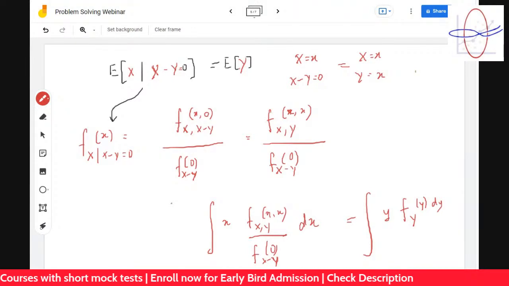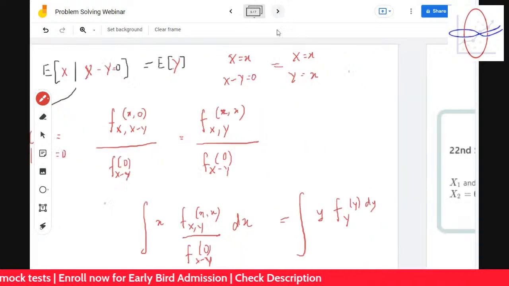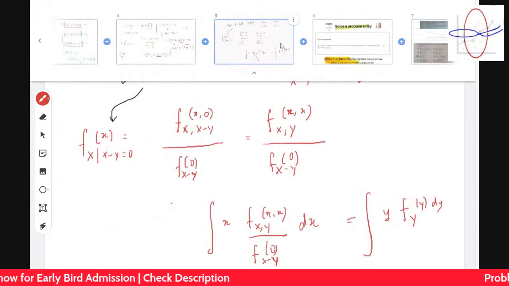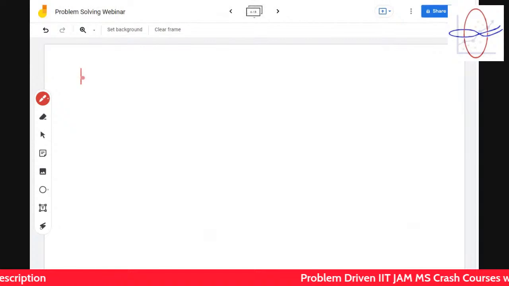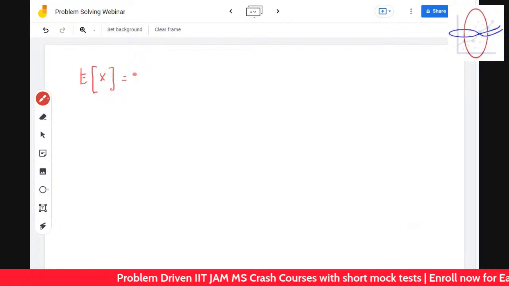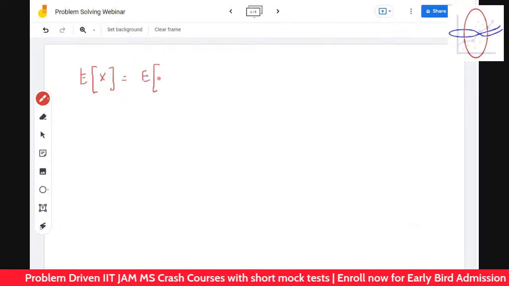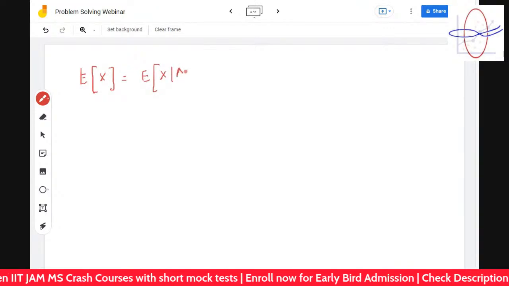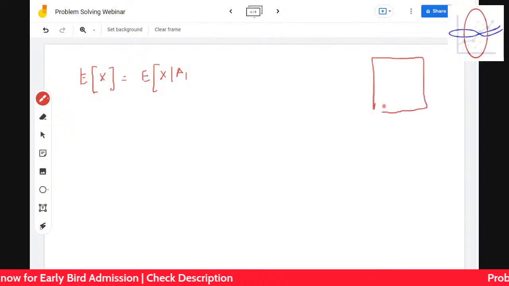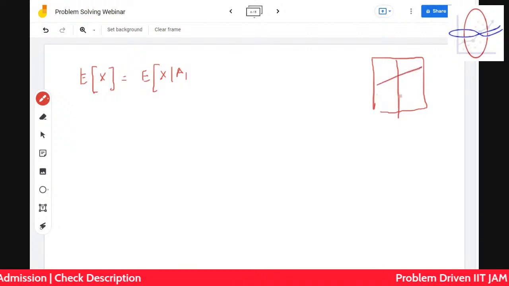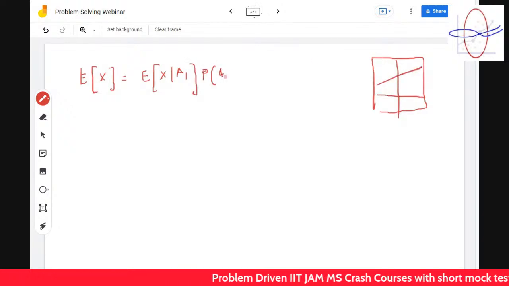It's telling you that expectation of x can be written as expectation of x given a1 times probability of a1, plus dot dot dot, if the whole sample space can be divided into disjoint partitions a1 to an.